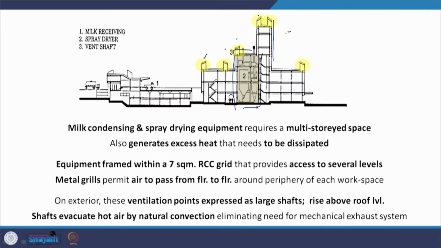Something that we find in the buildings of the period, more approach towards passive architecture, less dependence on things like mechanical air conditioning systems, in this case a mechanical exhaust system, primarily because of maybe constraint of budget, or maybe those facilities were not so readily available, or our budgets did not allow that kind of equipment to be used so readily in these buildings.